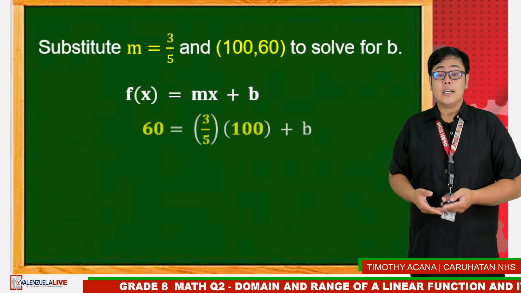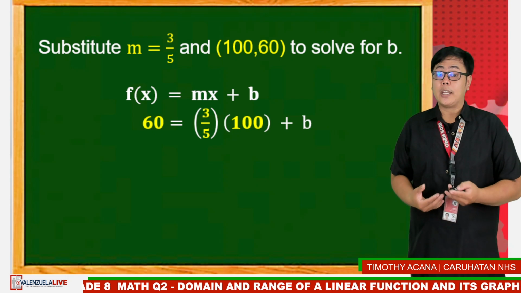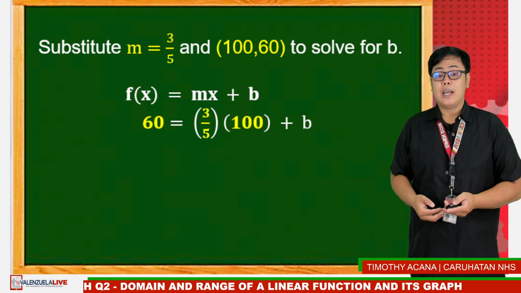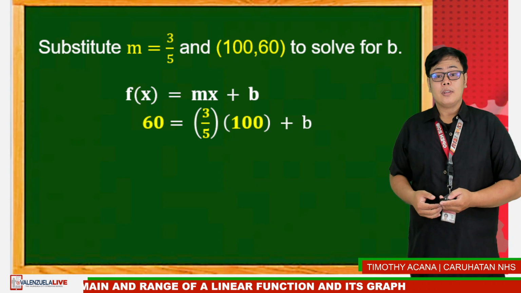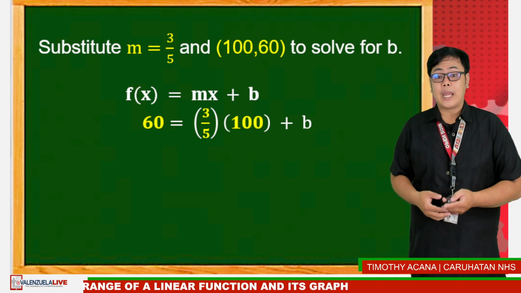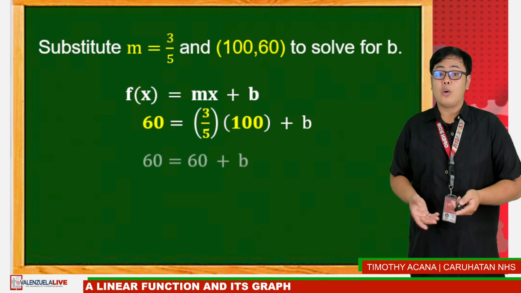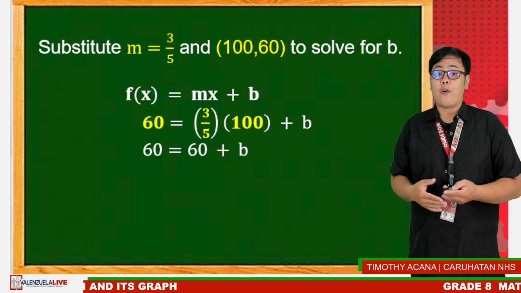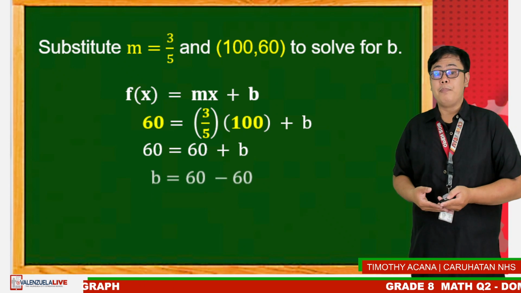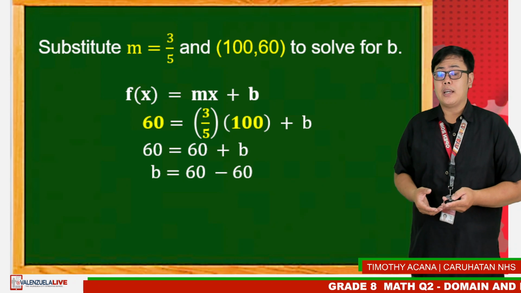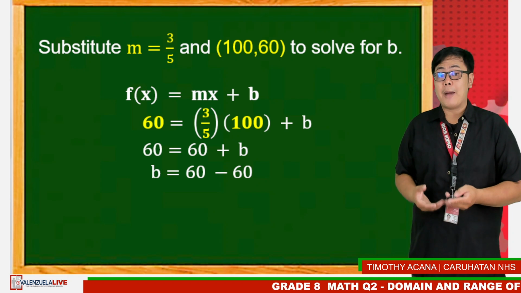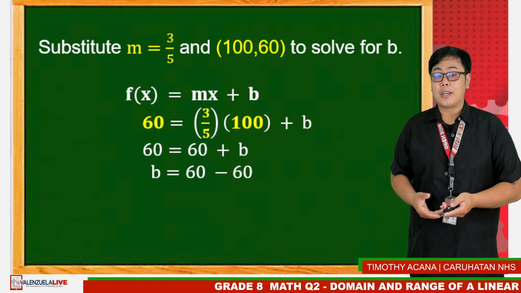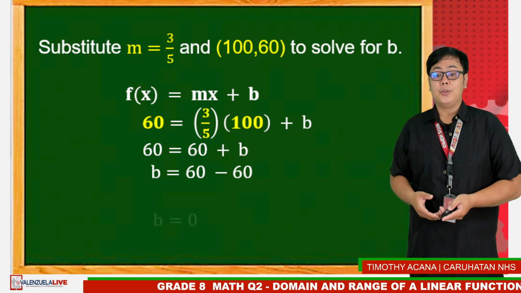We have 60 is equal to (3/5)(100) + b. Simplifying 3/5 times 100, that would be equal to 60. Therefore, b is equal to 60 minus 60, which is equal to 0.